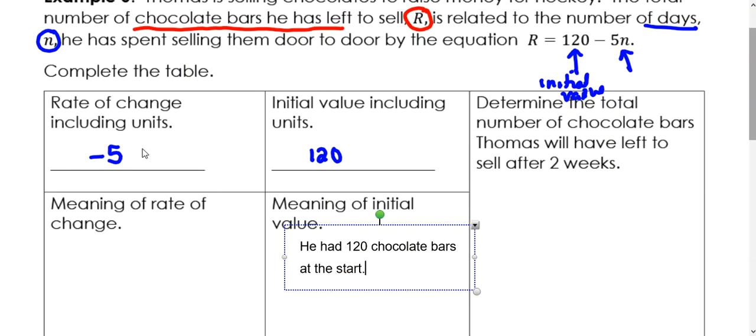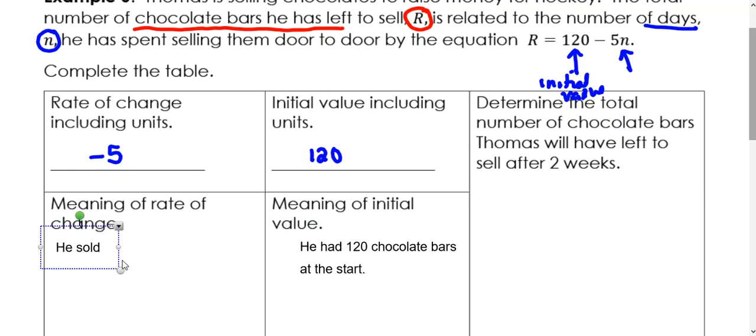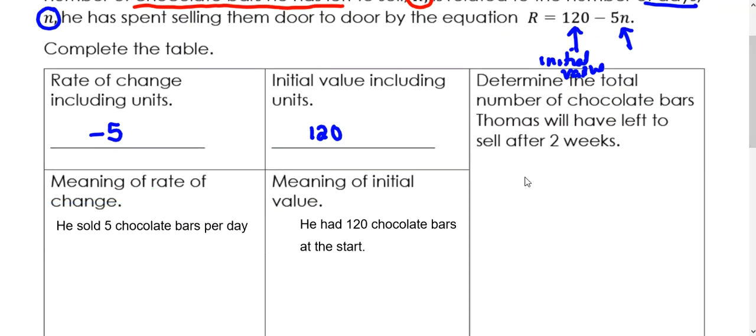He sold 5 chocolate bars per day, because those are the two variables that we identified there. That's what we're looking at. So we should be able to make those connections. All right. Last part here. Now, my question to you is, should n equal 2?